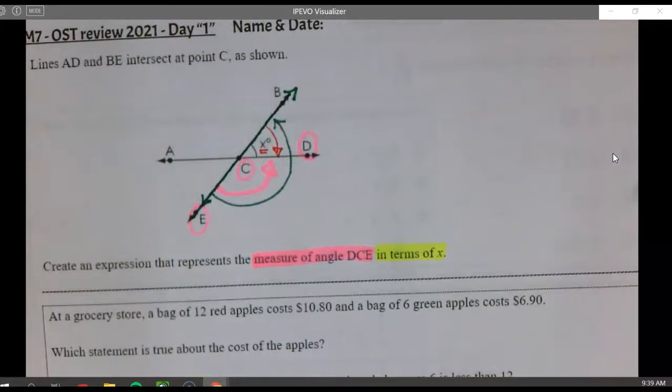Then I would love to have a volunteer who wants to explain what I've drawn and how we're going to write this.